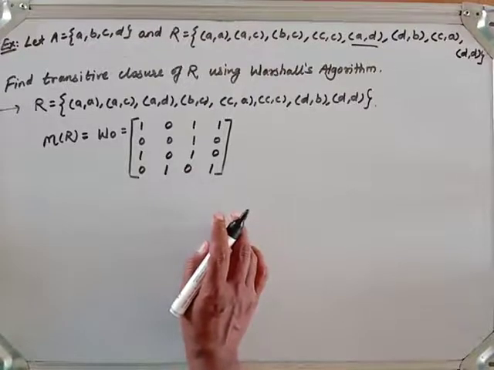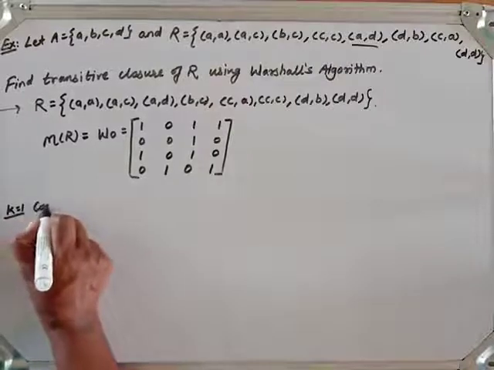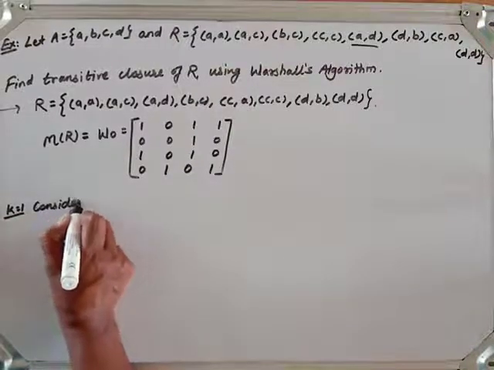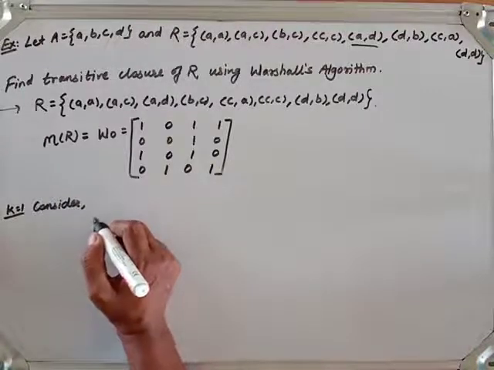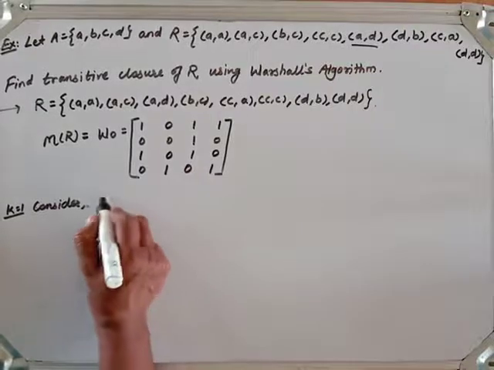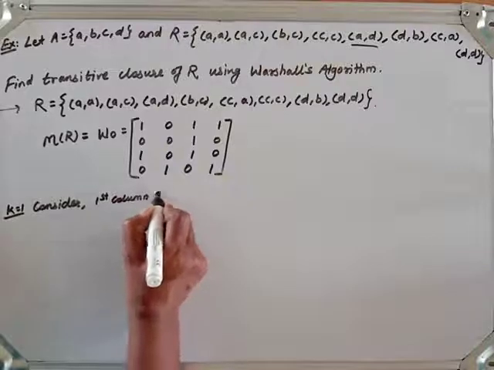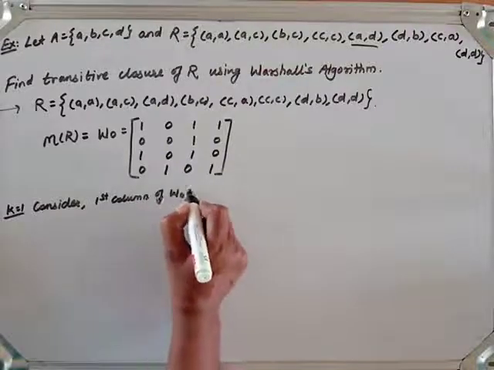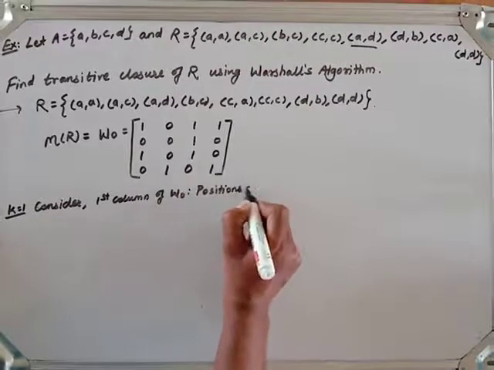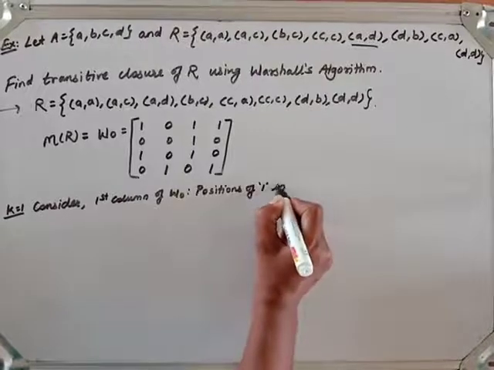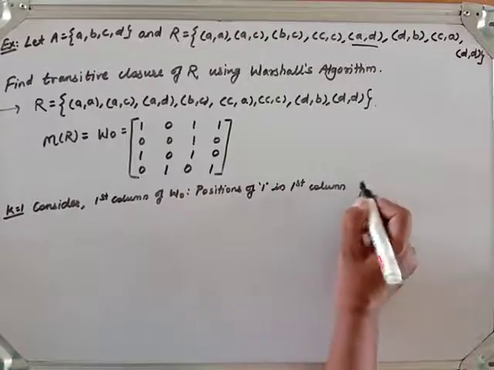Now K is equal to 1. Consider the first column of W0. Positions of 1 in the first column are where?